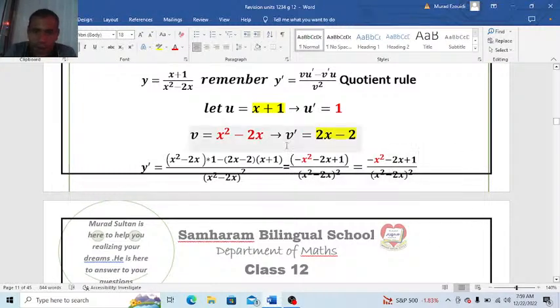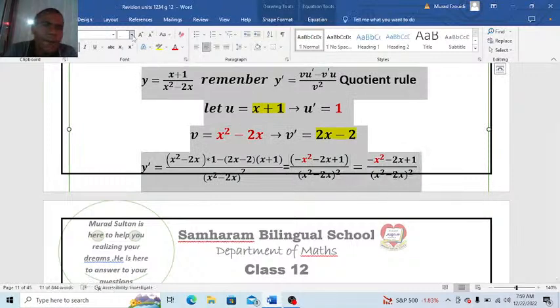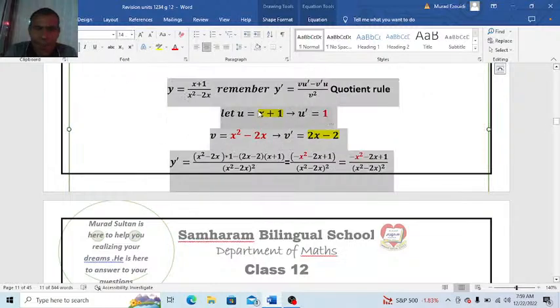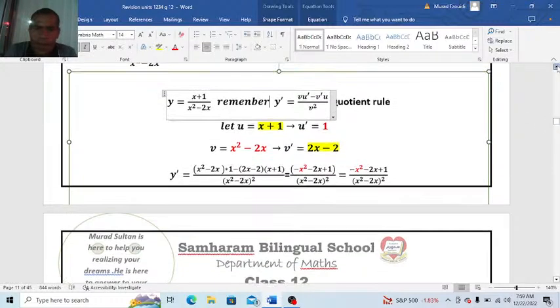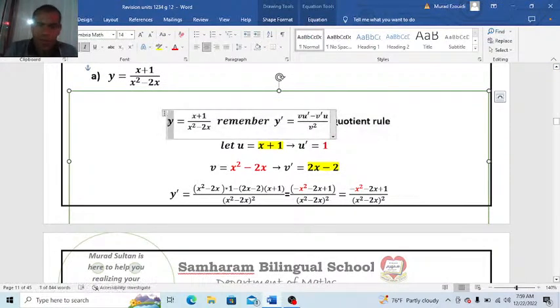Approximately, you can see it. My learners, this is the first derivative of the quotient.